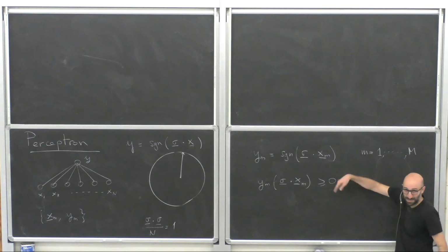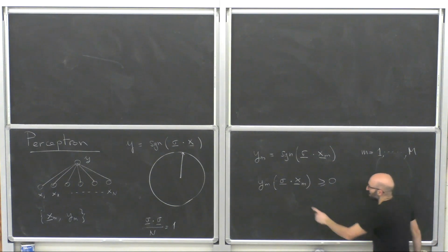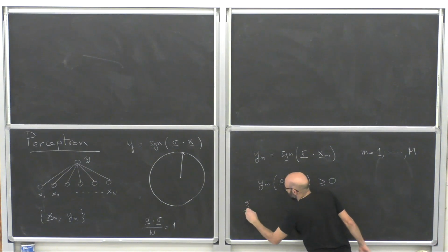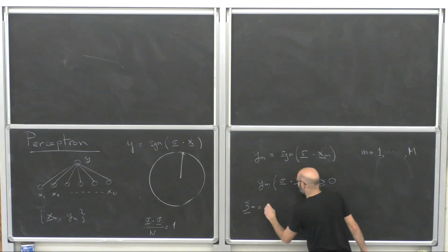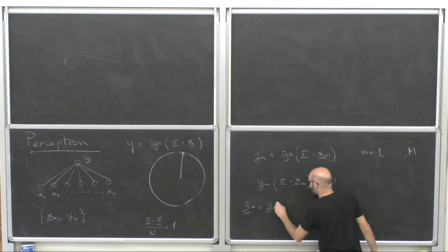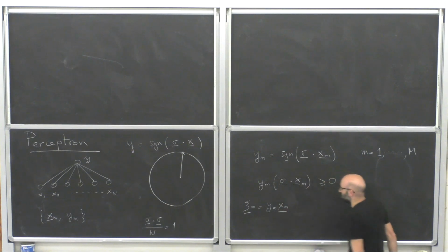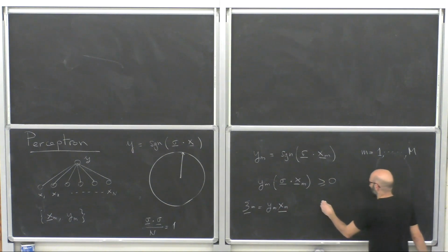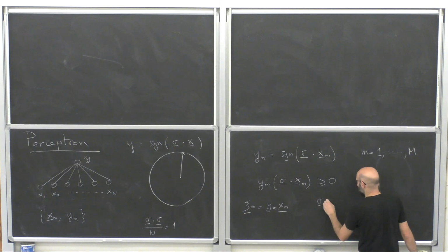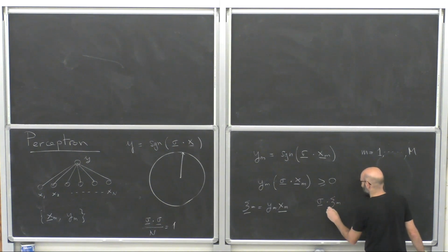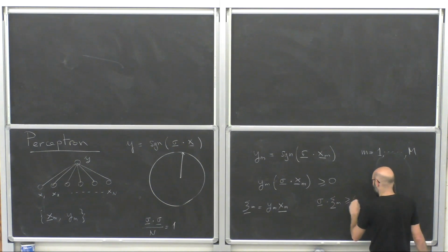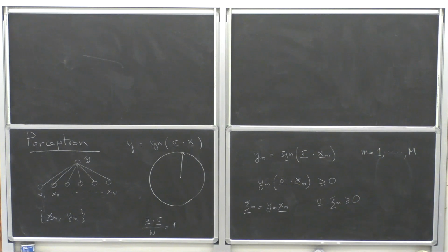This is the same as the other one. And now I can call psi_m equal to y times x. And so what I want is that sigma dot psi_m should be positive. Okay?